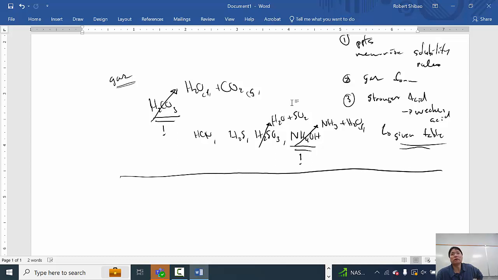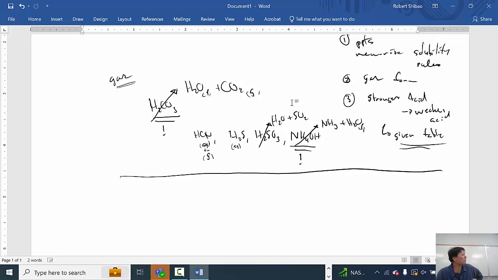What does the first one say? HCN. HCN is aqueous or gas. It depends. Some of it will stay dissolved, some of it will come off as a gas. H2S is the same thing.